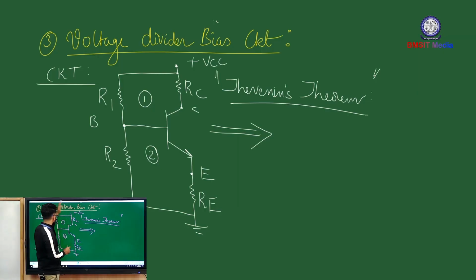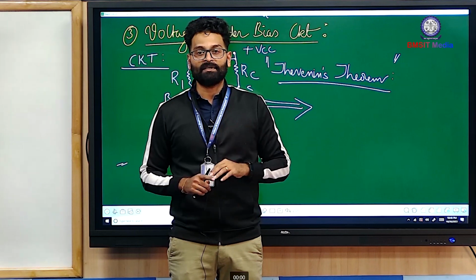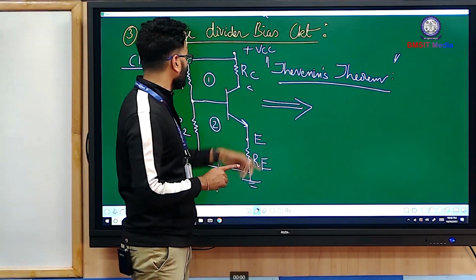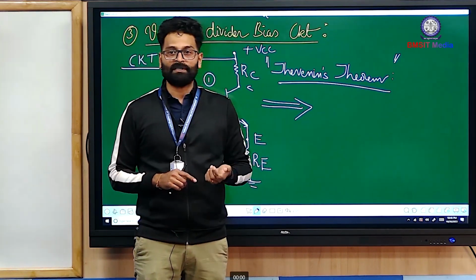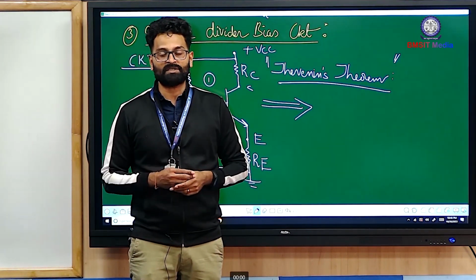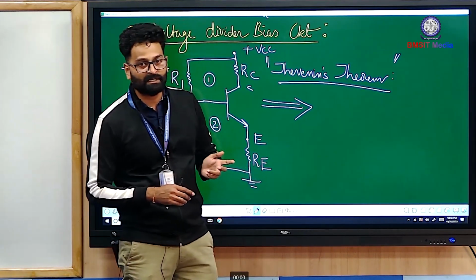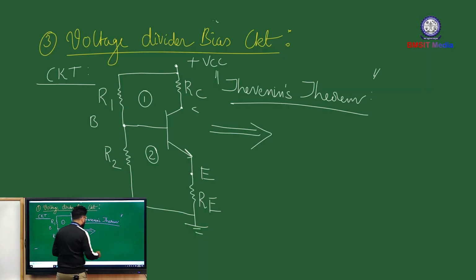Whatever resistors you see, we ultimately convert into one resistor, called RTH or equivalent Thevenin's resistance, and the voltage we try to convert to is VTH, which is called Thevenin's voltage source. Now how to find RTH and VTH? There is a separate procedure for that. Let us discuss that procedure.